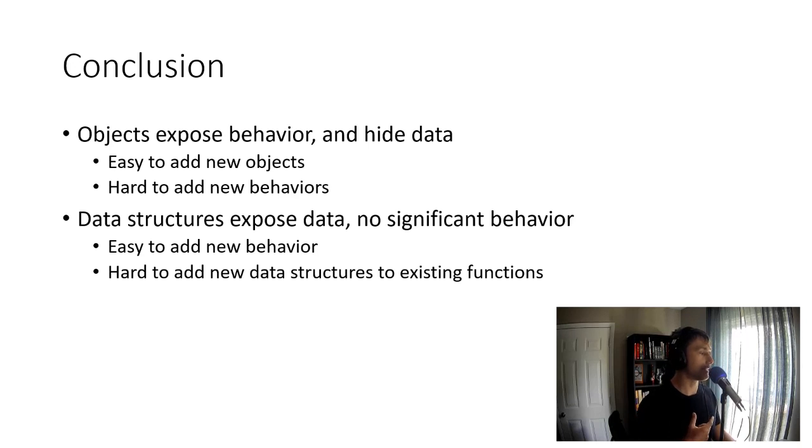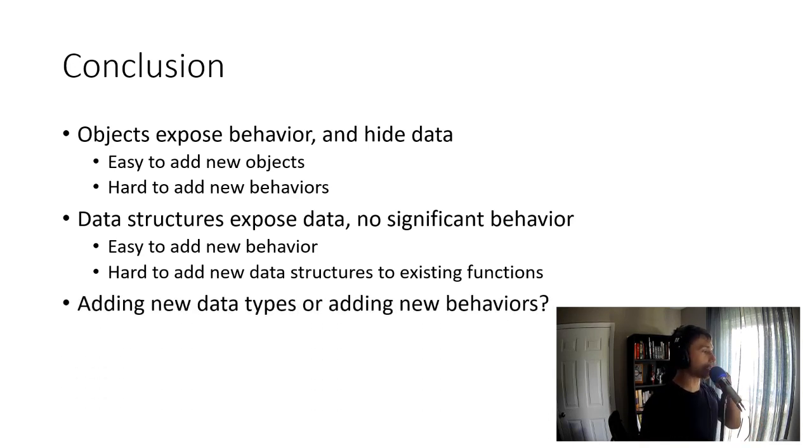So it's easy to add new behavior to data structures, but it's going to be hard to add new data structures, like your DTOs, because then all the other DTOs are going to potentially have to change. And adding new data types or adding new behaviors?